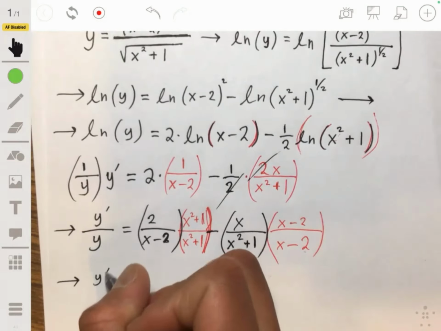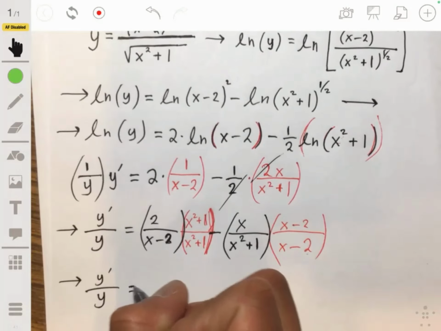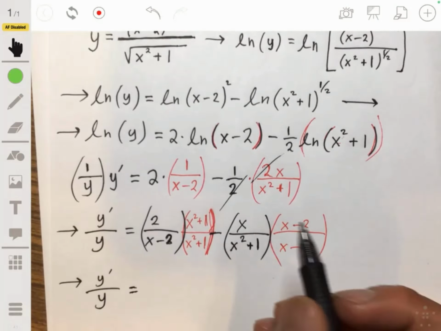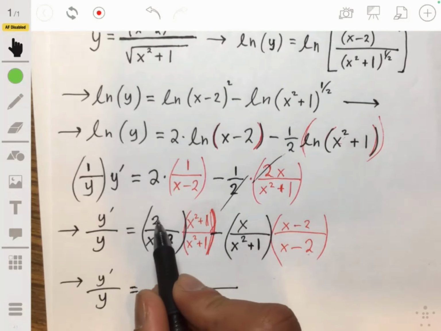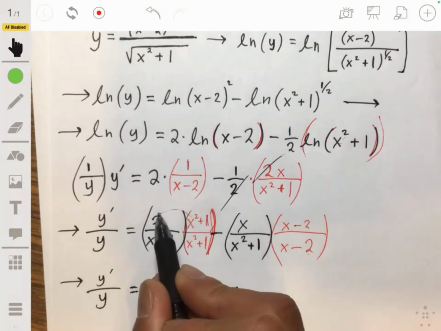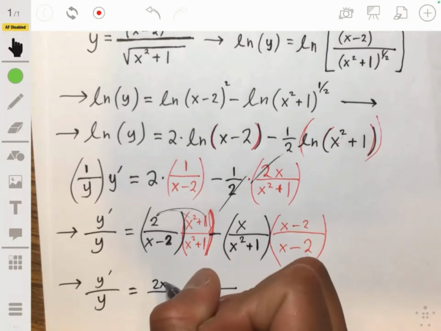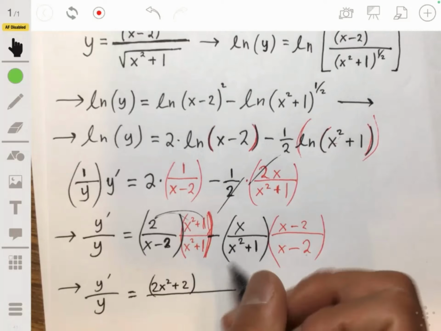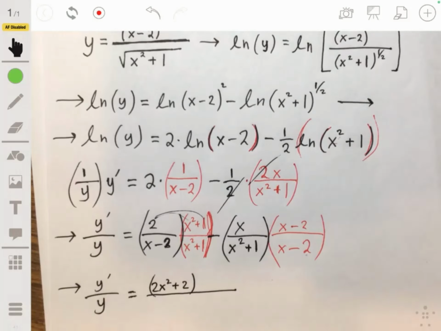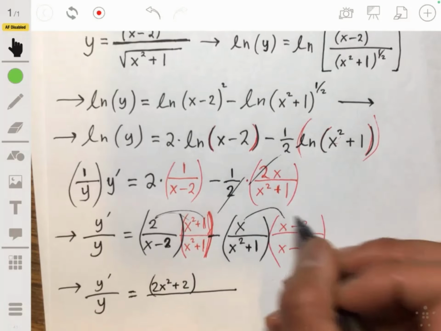So we'll get y prime over y be equal to, so on top we'll have 2x squared plus 2 minus x squared plus 2, looks like, because then we have an x and an x.